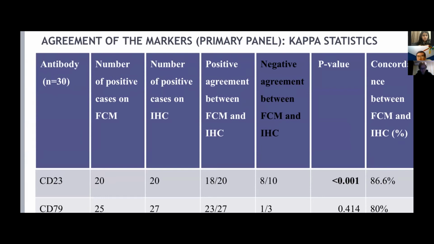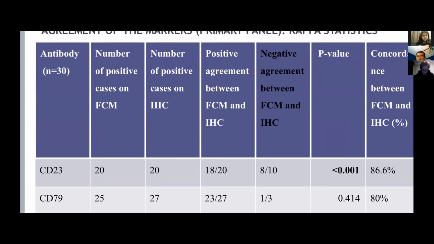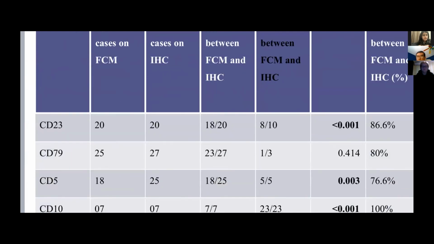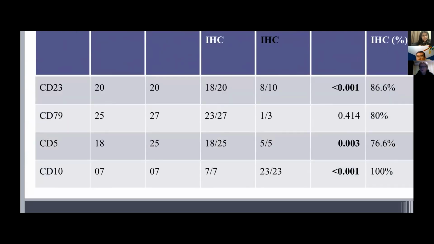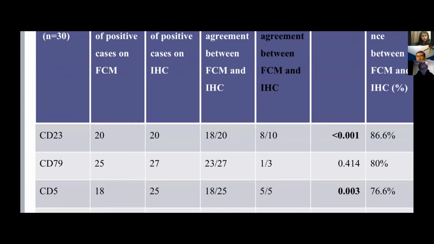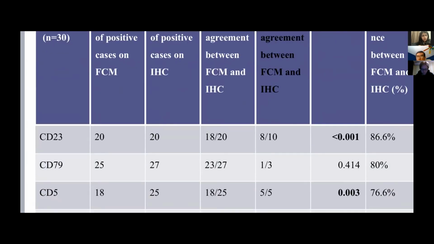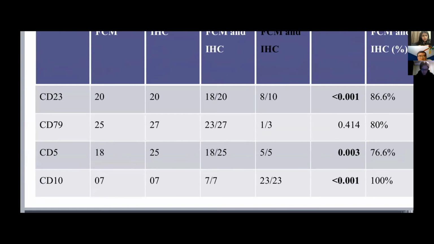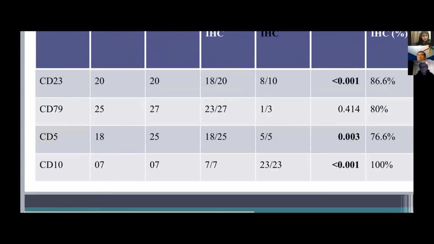So agreement of the markers, kappa statistics were applied for these markers: CD23, CD79, CD5, and CD10. And it was seen that the concordance rate between flow and IHC was highest, 100%, for CD10, followed by CD23, CD79, and CD5, with all of them showing a p-value less than 0.05.